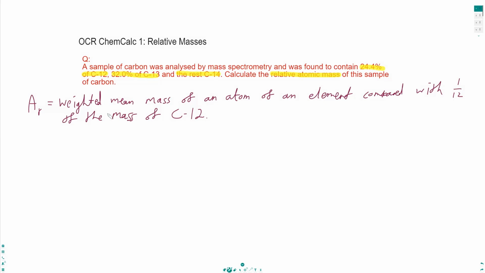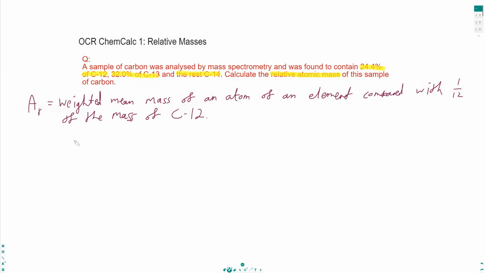So let's go through it. The first thing you need to do is multiply each of these percentages by the mass number of that isotope.